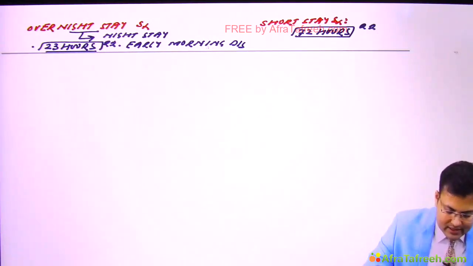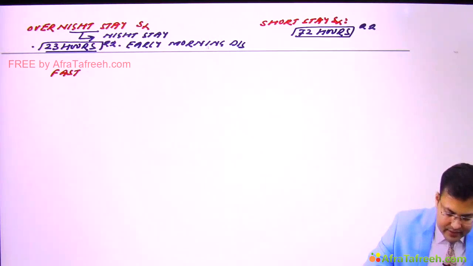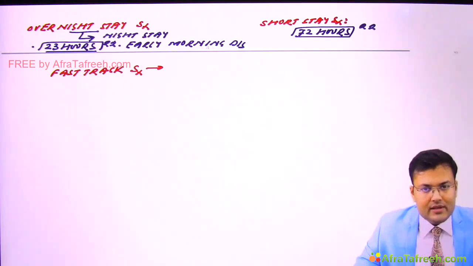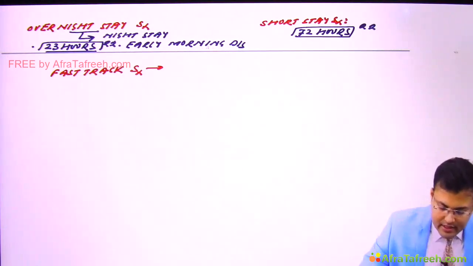In AIIMS, there was one indirect question related to fast track surgery. So see, what is fast track surgery? It is also known as enhanced recovery after surgery, and this was the question in AIIMS.